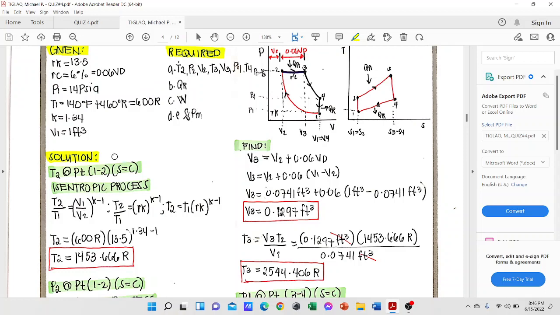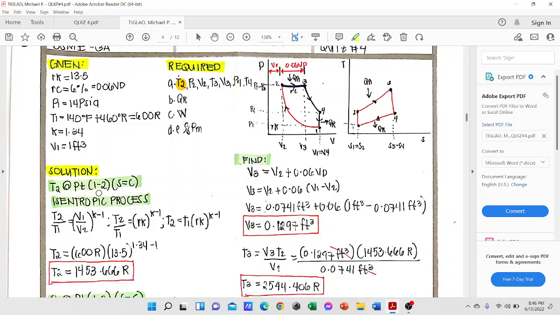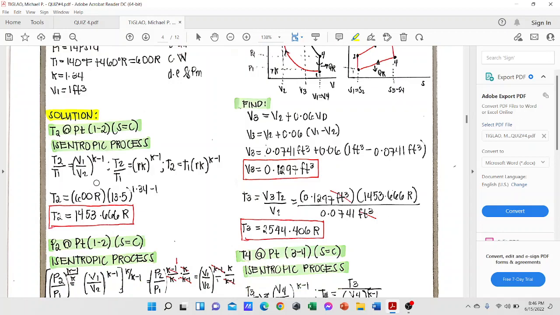First, I got temperature 2. For temperature 2, I used process 1 to 2, which is the isentropic process. The formula I used is T2 over T1 equals V1 over V2 raised to k minus 1.